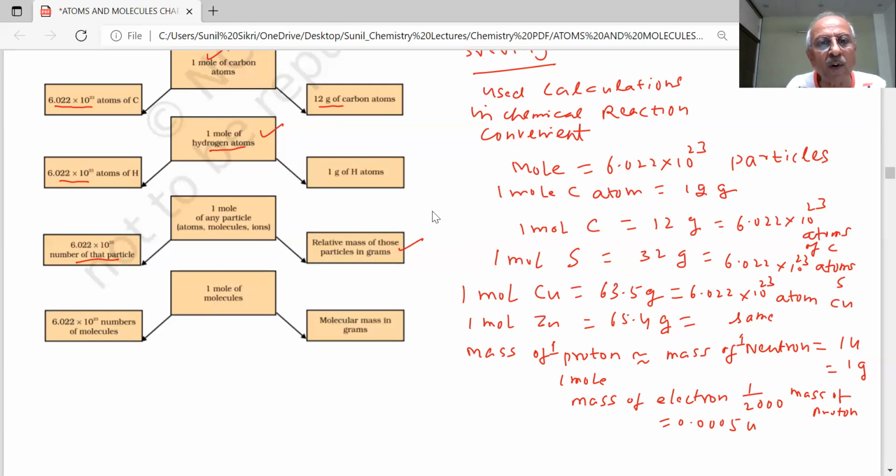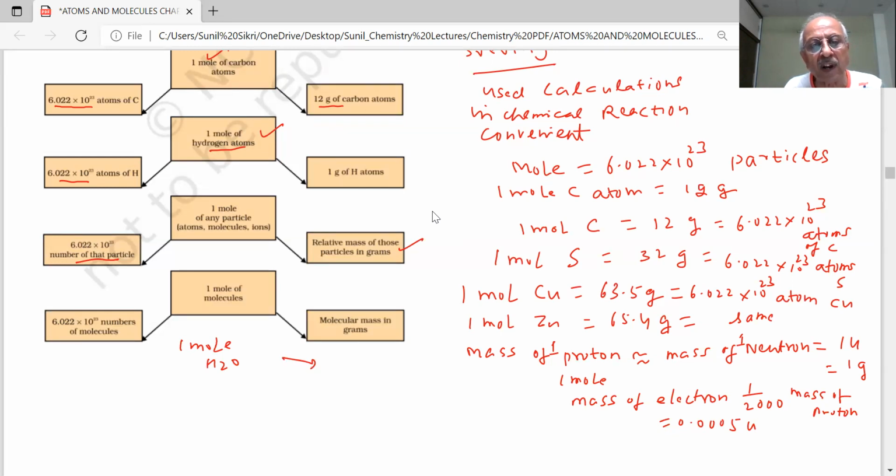Okay? And 1 mole of molecules is how many? A molecule is formed from different elements. When water is there, the elements are different. So if I say 1 mole of H2O, that is a molecule of a compound. And what is the molecular mass in grams then?